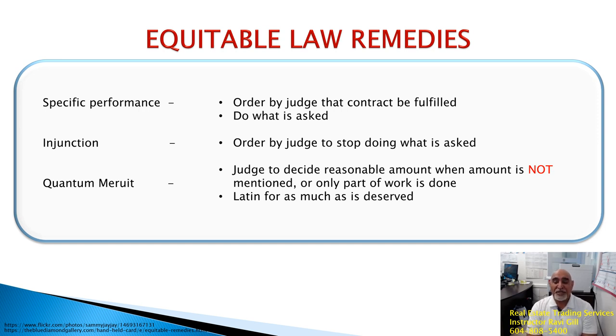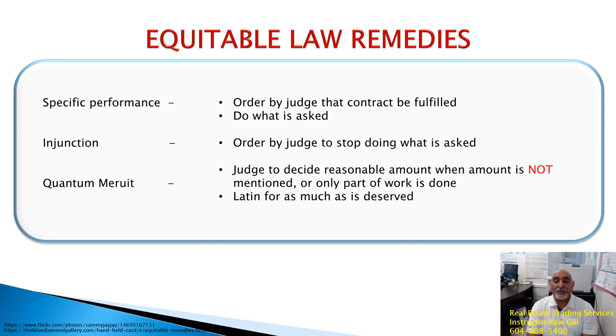Injunction is where sometimes the innocent party wants the guilty party to stop doing something. It could be to stop intrusion, or stop going through their property, or stop a contract.